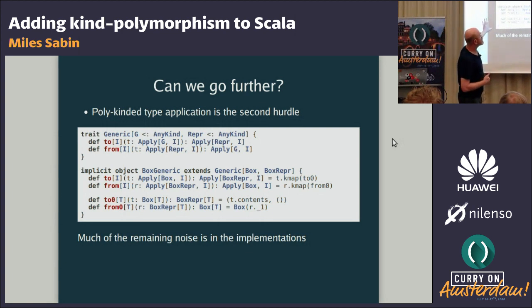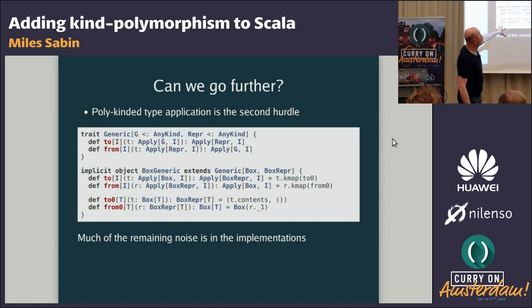Then when you're providing instances of this type class, Box here is just a placeholder type. It's a simple product type which contains an element of some type. So you can see that to conform to the interface that the Generic trait is presenting, we need to express the projection methods in terms of the apply method.